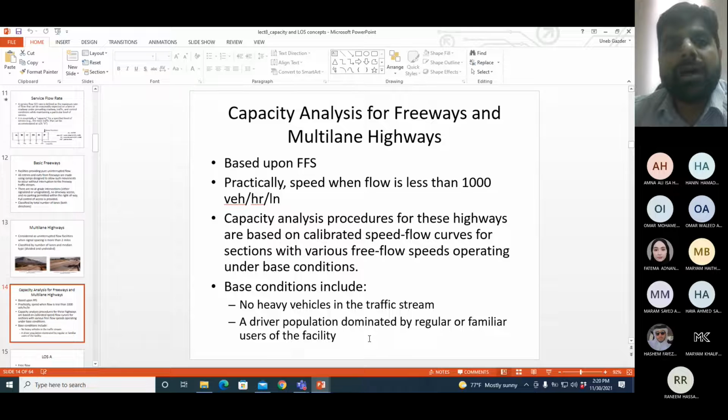Okay, so unfamiliar drivers, irregular drivers tend to reduce the speed and they tend to increase the possibility of accidents. Okay, so if you have regular or familiar drivers, they will move faster and they will make less maneuvers. You will be safer and faster, so the flow will be higher. Okay, so these two base conditions, when they are met, they will result in having the maximum possible capacity.